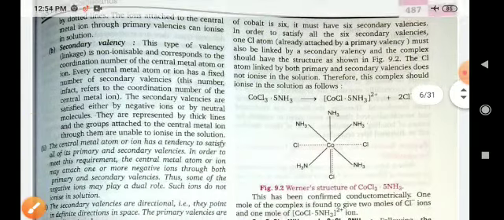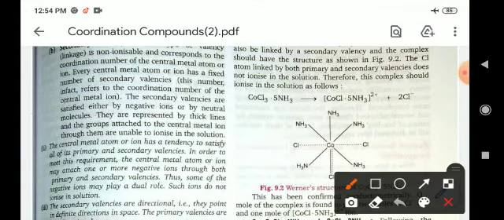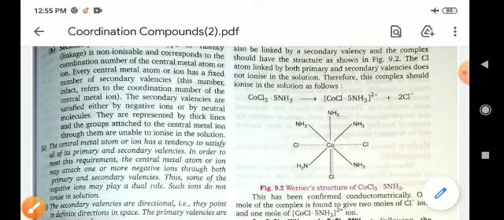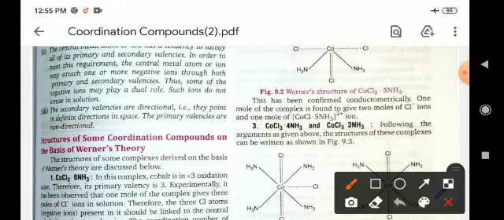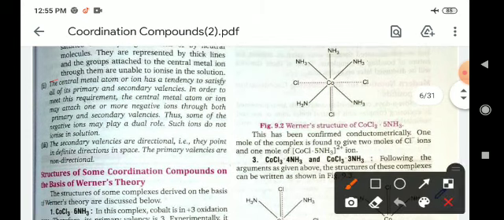You can see this in the structure, in which the ammonia represents the secondary valency, and the chlorines attached by the dotted bond represent the primary valency. This bond can be broken and the chloride easily ionized. Now, the central metal atom or ion has the tendency to satisfy both primary and secondary valencies.